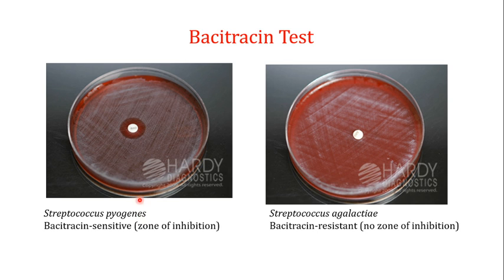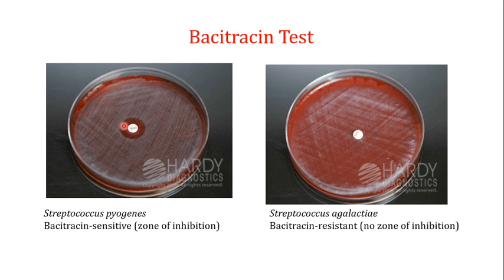So if you look at this particular plate, it is showing you the sensitivity of Streptococcus pyogenes to bacitracin. Any zone of inhibition shows the sensitivity of that particular organism to bacitracin. So if you can see over here, this is the plate containing Streptococcus pyogenes.